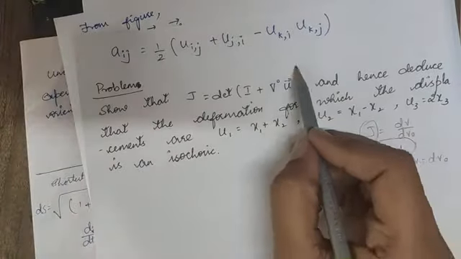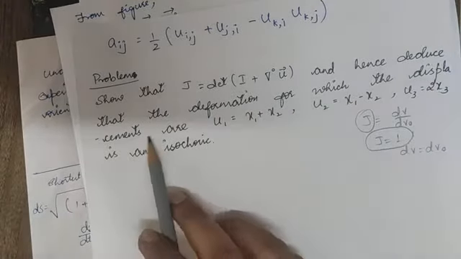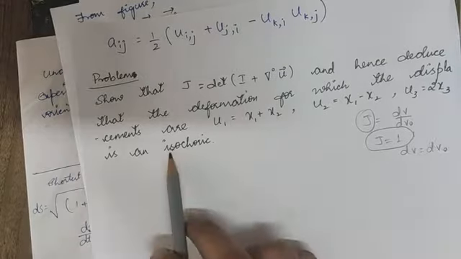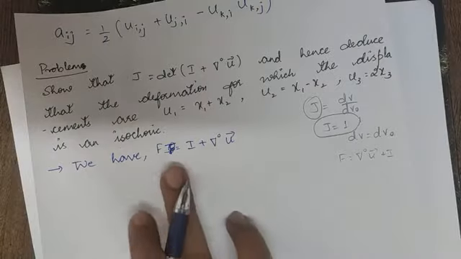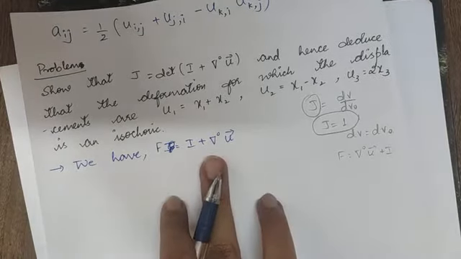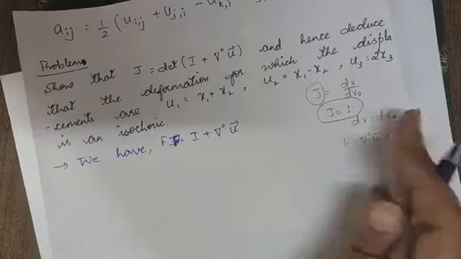First let's prove this part, and using these displacements let's prove that the given deformation is isochoric. We have the relation F is equal to I plus del naught u. Now apply determinant on both sides.